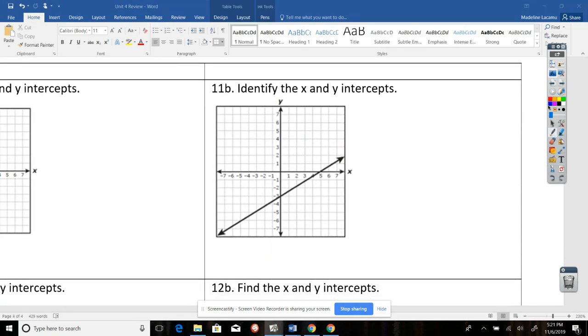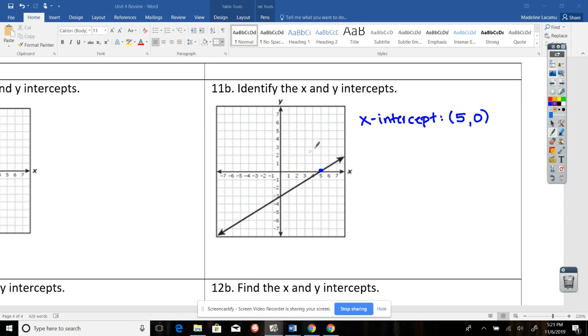For number 11, we're just finding our x and our y-intercept. So our x-intercept, that's where it hits the x-axis. So if we look at our x-axis, it hits right at this point where the x value is 5. So our x-intercept would be 5, comma, and remember our y is 0.